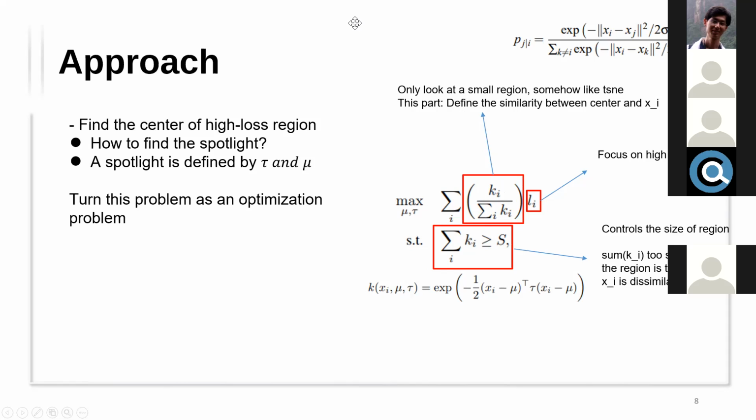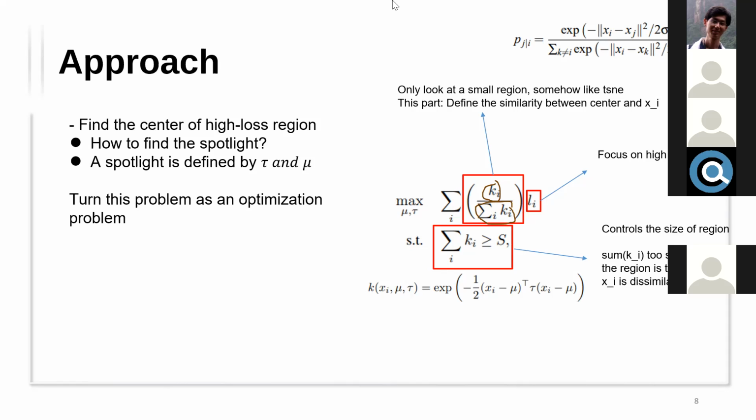When you look at this weighting parameter, it reminds me a lot of the Tanimoto formula. Ki represents how similar the sample Xi is to the center, and the denominator part is just a scaling factor to normalize it to be 0 to 1.